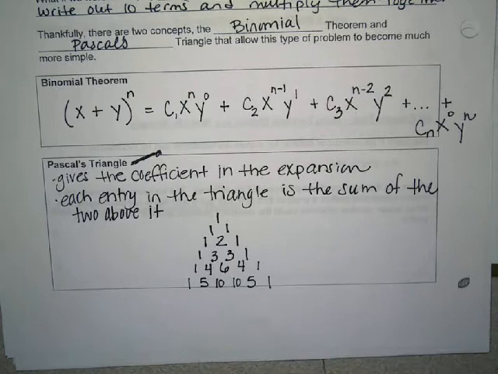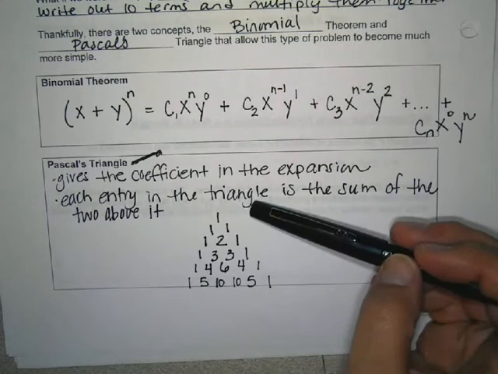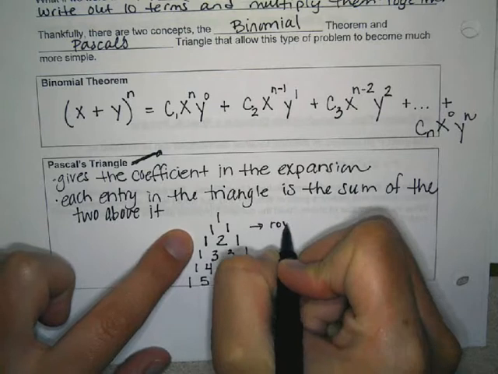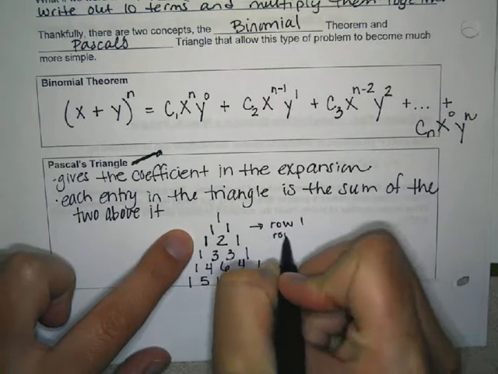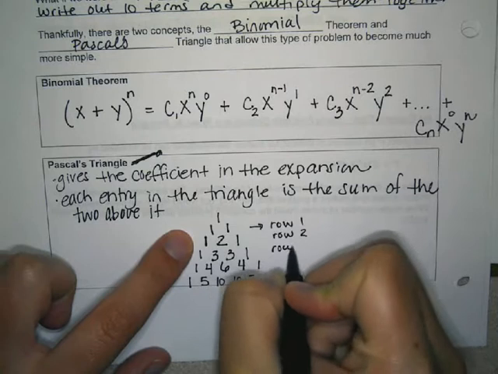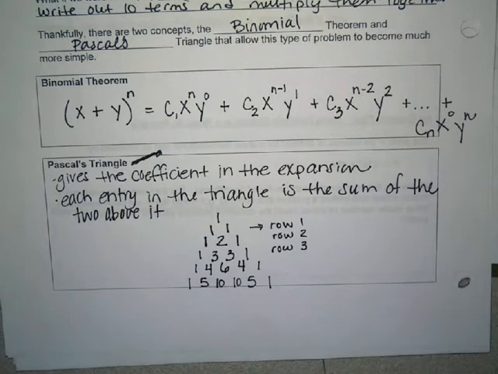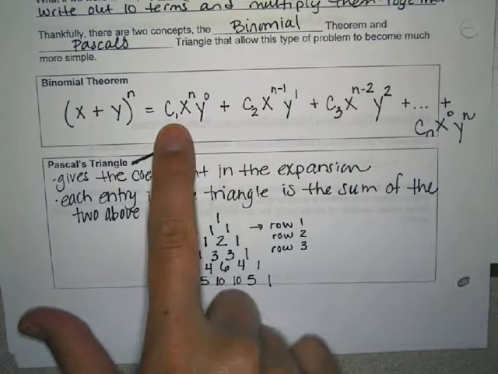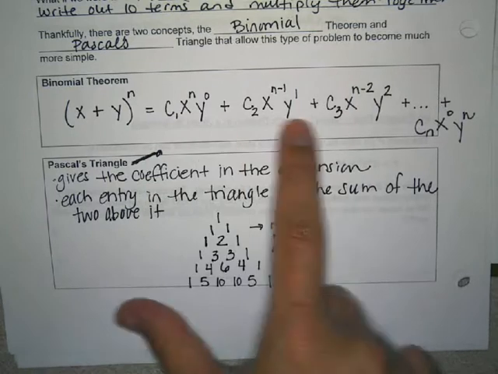Now, all these rows have names. The first row is considered row 0, because there's not much we can do with that. This is row 1, row 2, row 3, and so forth. The reason it's important to know what row you want to use is that these numbers become our C values in our expansion.